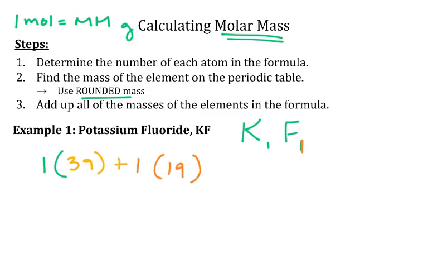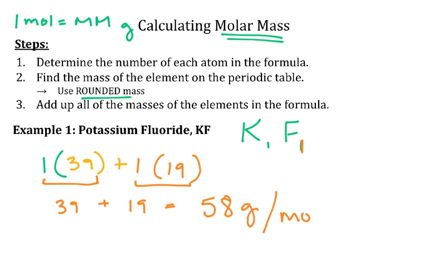And I'm going to multiply those. 1 times 39 is 39, plus 1 times 19 is 19, and add those up. So this is equal to 58, and that's 58 grams in 1 mole of potassium fluoride. So that has a molar mass of 58 grams per mole.